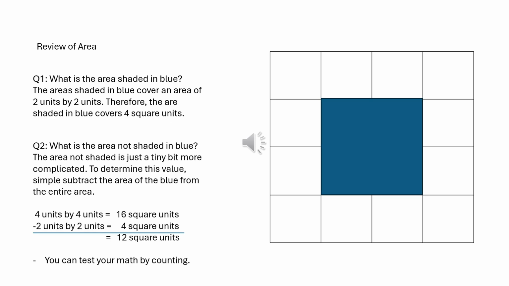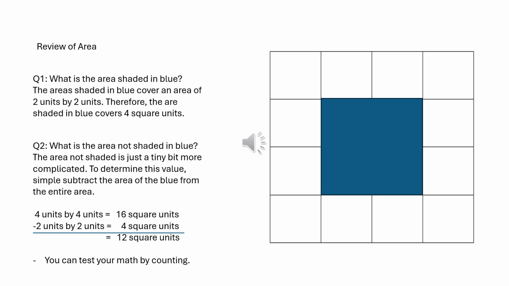Before we jump into calculating the area of a triangle, let's first do a little review on quadrilaterals. As you can see, we have our grid to the right. It is a 4x4 grid, so the area of the grid, I think, is easy enough for you to calculate: 4 times 4 equals 16.